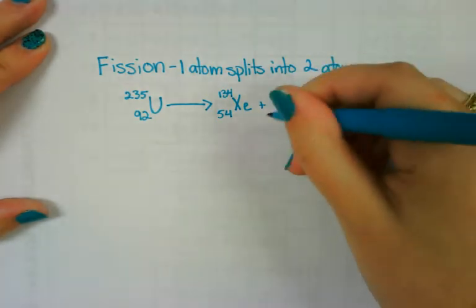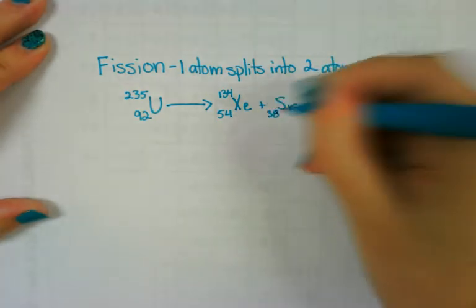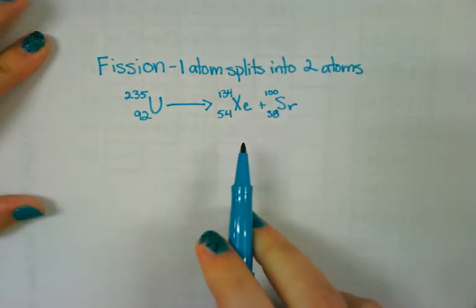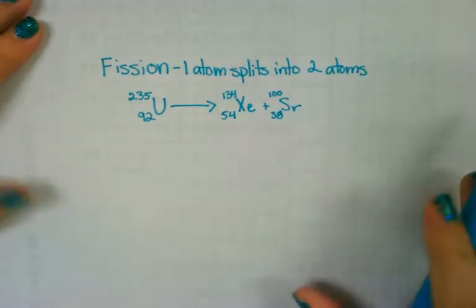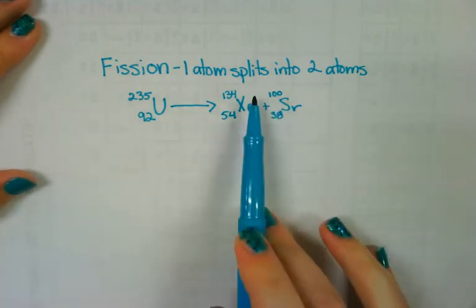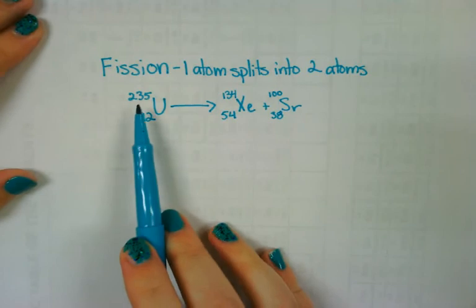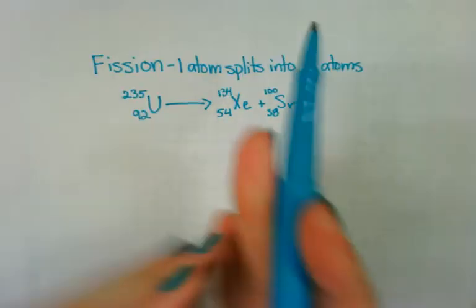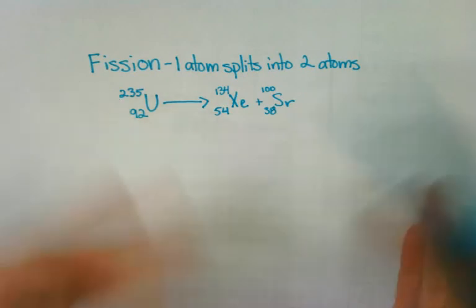Now, for fission and fusion, you won't have to worry about figuring out what it splits up into. For your quiz, for your test, you will just have to be able to identify that this is fission. So fission, there's like a fissure in the concrete, in the sidewalk you're walking on. It's split up into two pieces.